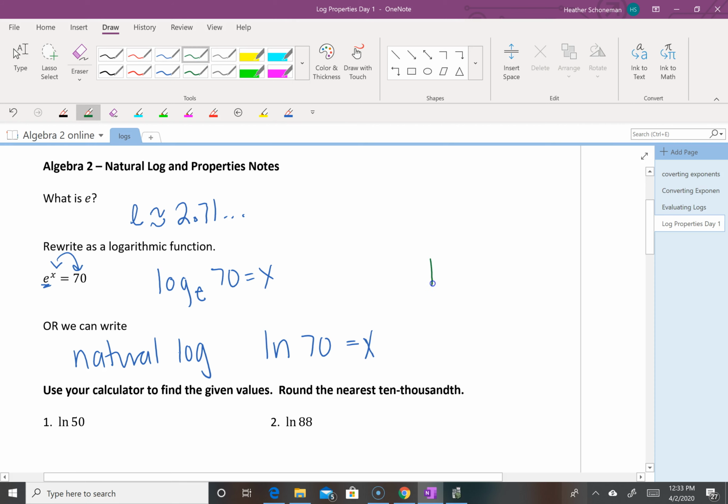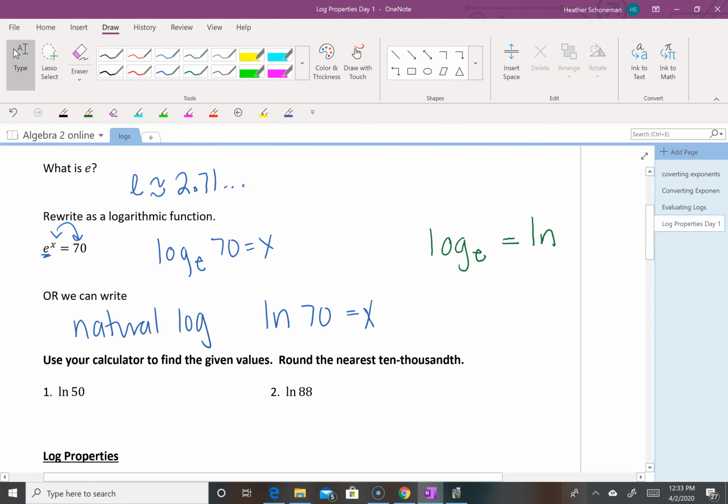Anytime we have log base e, it's the same thing as the natural log. I know we say natural log, but it says ln, and it's derived from something in French, so they would say log natural, but in a nice French accent. Okay, so that is what the natural log is. It's just like log. Just think of it as when you see ln, it's the natural log, so it's log base e.